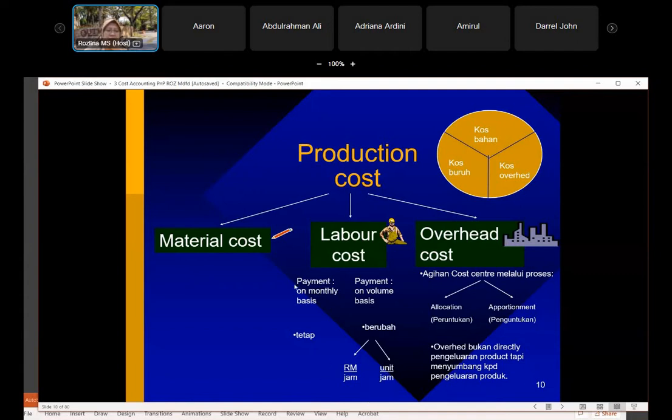And also we have payment on monthly basis. Whoever we pay, we pay based on the monthly basis. Monthly means maybe you produce, say, 1,000 units for this month, and for next month you produce 10,000.